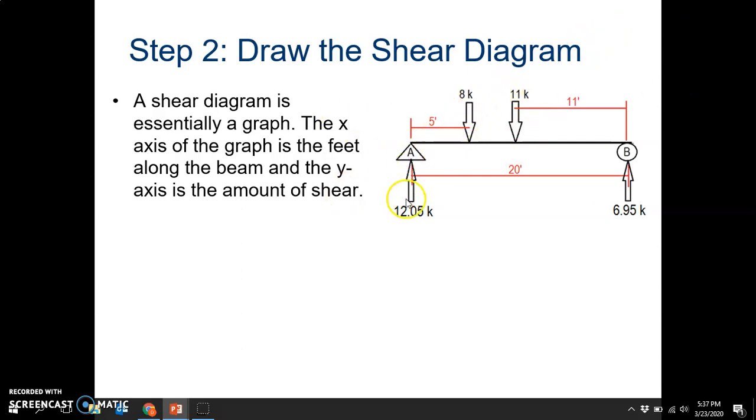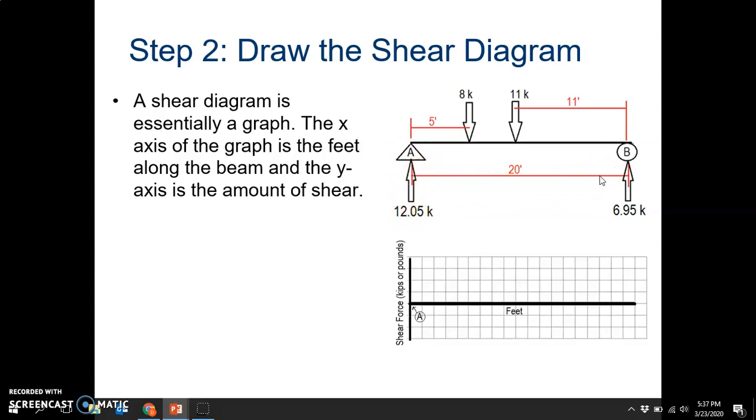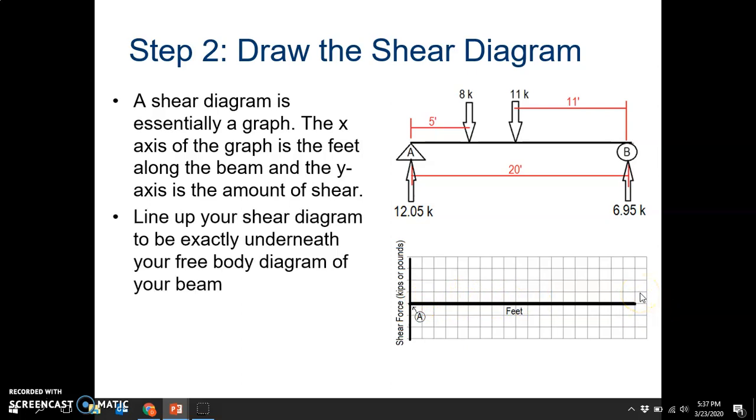You have your y-axis is the shear, your x-axis is the feet. So here's your graph right here. Again, y-axis is your shear force, both positive and negative, and the x-axis is the amount of feet. So we'll say that each of these boxes is 1 foot going across. We have 1, 2, 3, 4, 5, 6, 7, 8, 9, 10, and then another 10 is 20.